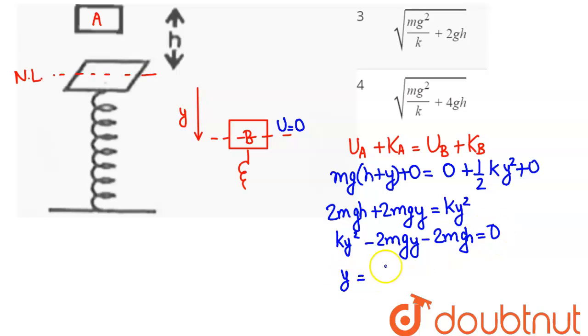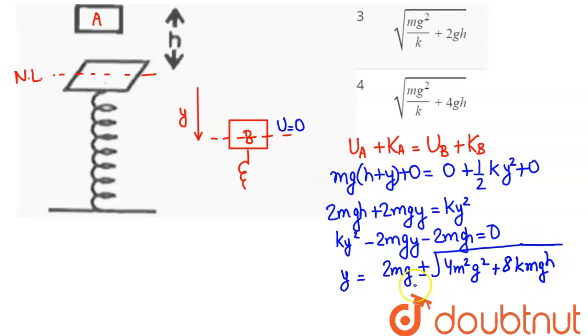So y is equal to minus b plus minus under root of b square, that is 4m square g square minus 4ac. 4ac gives us 4 into 2 mgh into k, that is 8k mgh, divided by 2a, that is 2k.